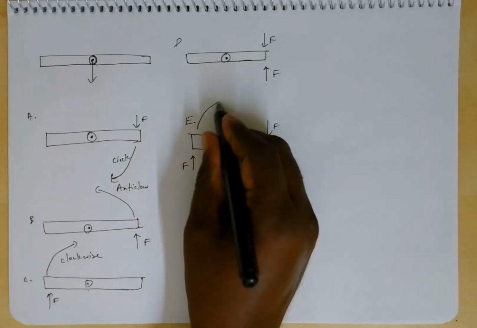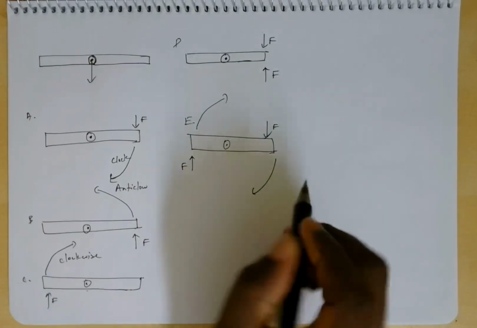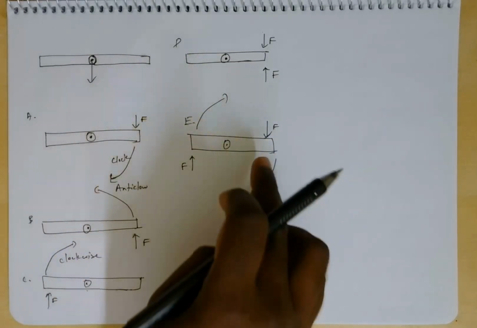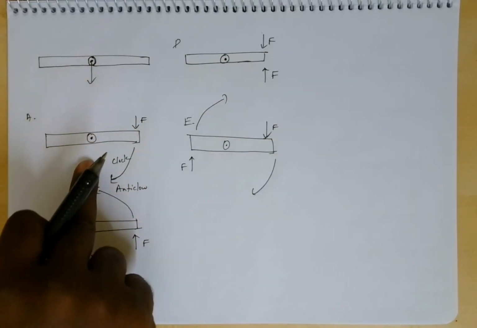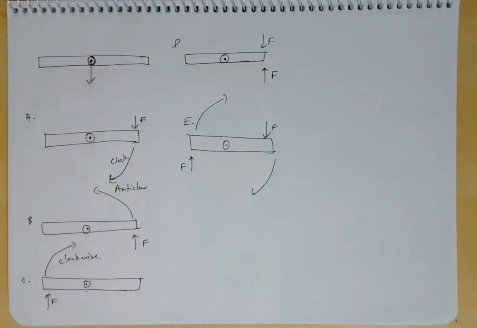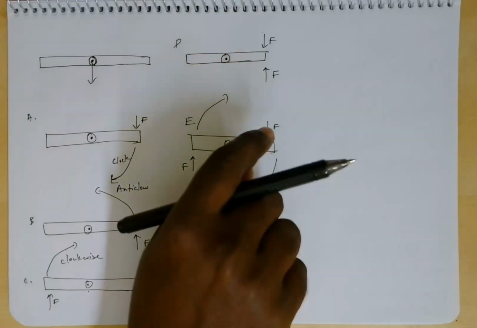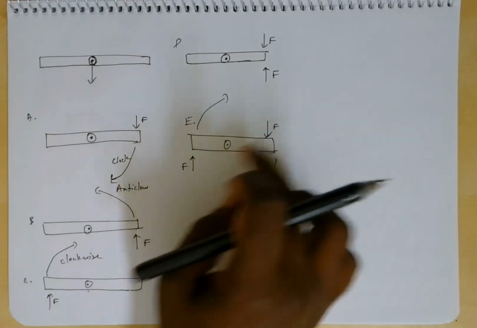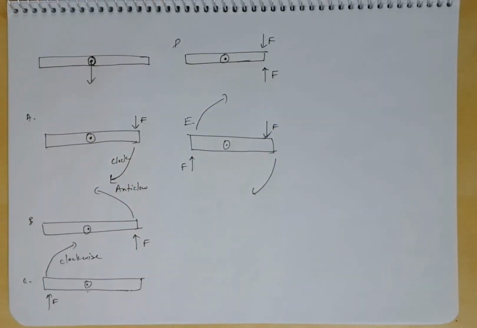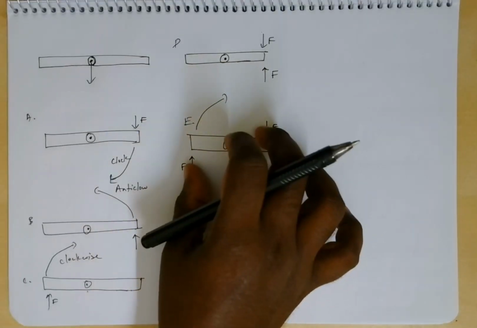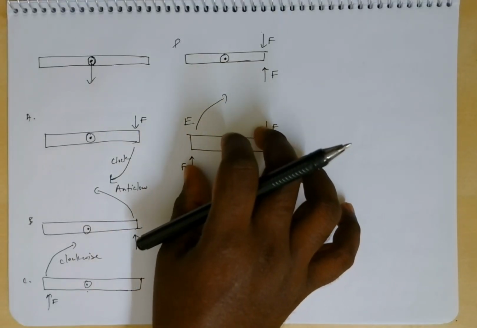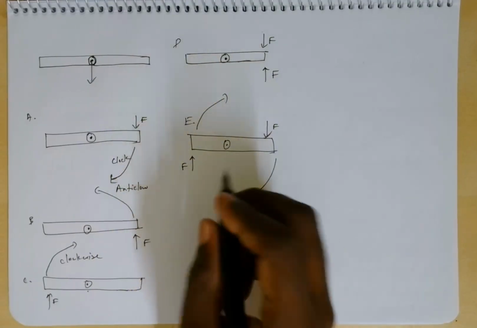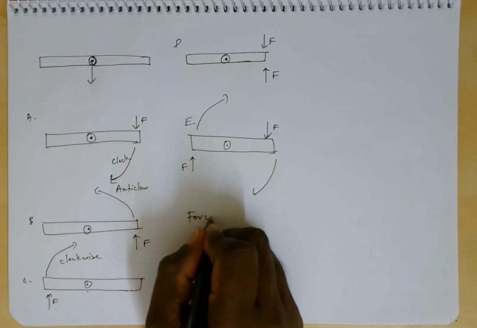Remember this is the same case as A, but what will be the difference? Because we are applying twice the force, and these forces are equal and opposite, these two forces we call a force couple.